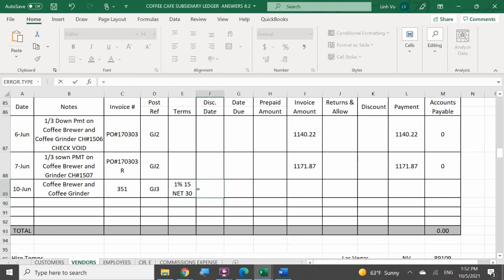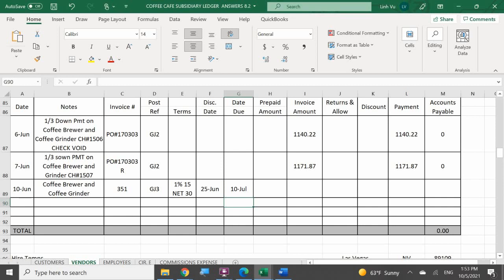So if I paid within 15 days, what date do I need to pay in order to make the discount? The 25th. Okay, good. And then what day do I need to pay in order to avoid being late? 30 days, to the 10th of July. Yep. Perfect. Okay, good.